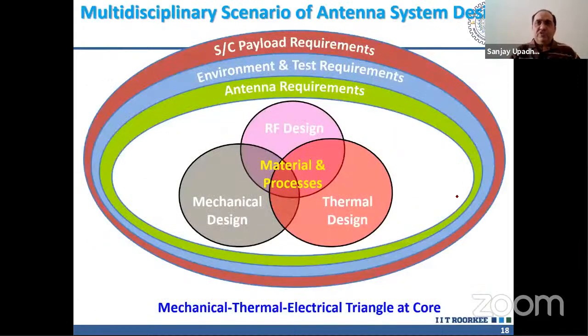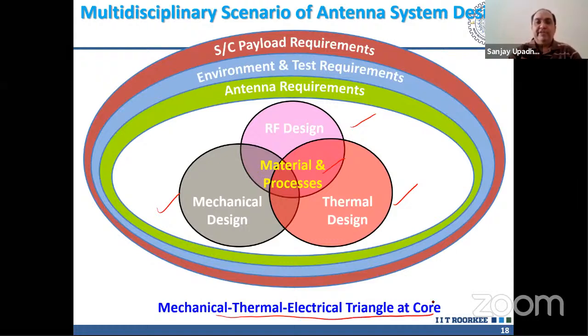This is a multidisciplinary scenario of antenna system design: mechanical design, thermal design, materials and process, and radio frequency design. This is the mechanical, thermal, electrical triangle: payload requirement, environmental testing, and antenna requirement.